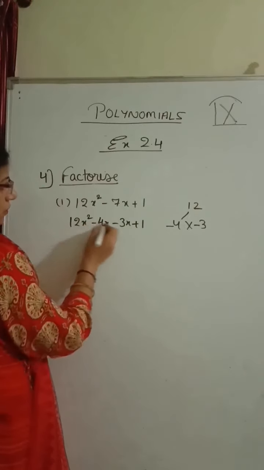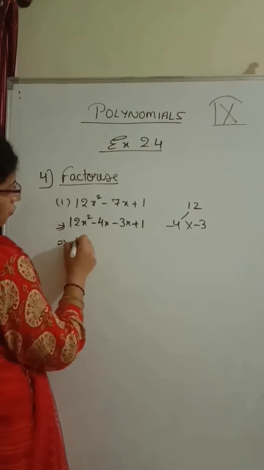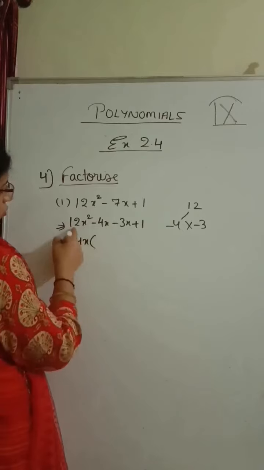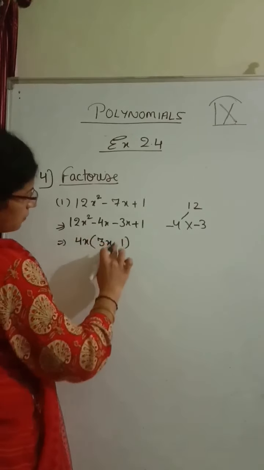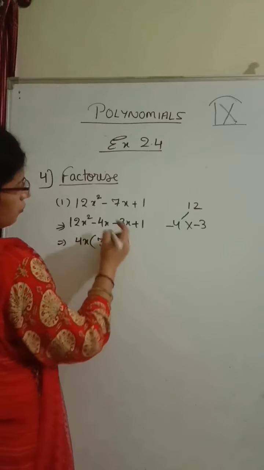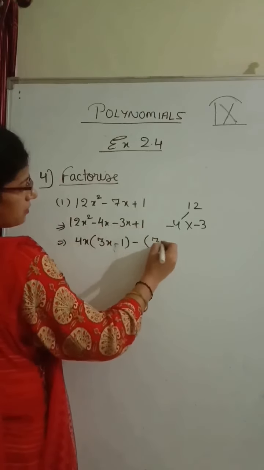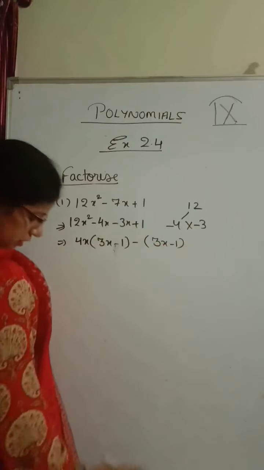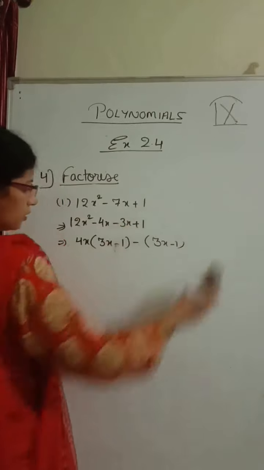So first we will take these two. So that means in these 4 is common, in this x is common. So 3x minus 1. And then from here we will take minus common. So nothing is common except this, minus 3x minus 1. Okay. So what will come? Now there are two terms.